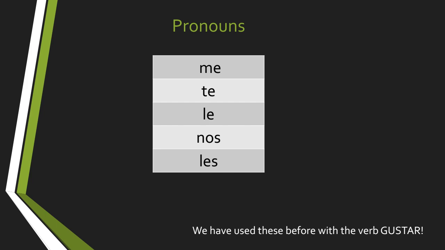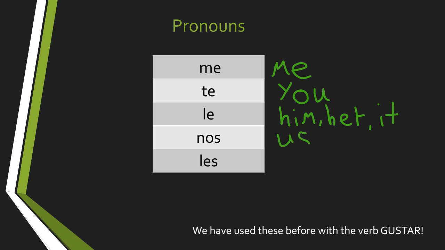Think of them as two different sets. So me, we would use that for me. Te, we use that for you. Le is for him, her, and also for it. And then nos for us, and les is for them.